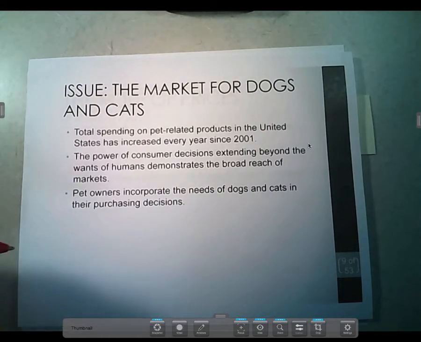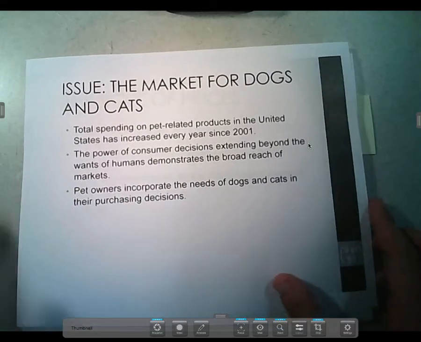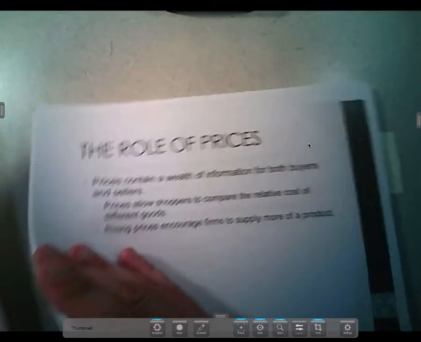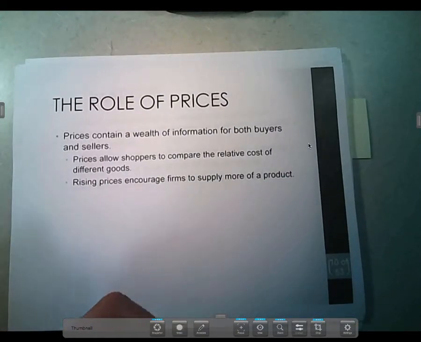The cats and the dogs aren't obviously buying those things; the consumers are buying those things. Their owners are. I don't know, maybe pet people don't like them being called owners. The cohabitators with the pets are the ones that are buying the things. Right, that market is growing. So we could talk about that market and how that exists with prices and with quantities.